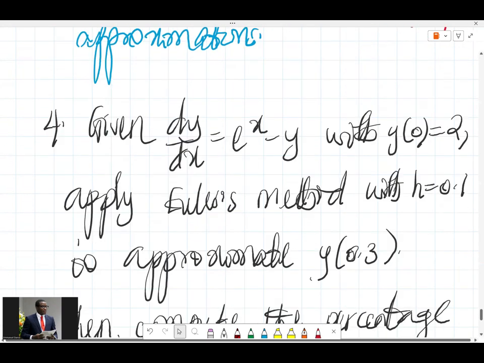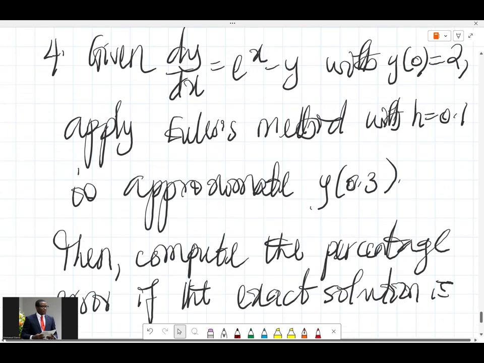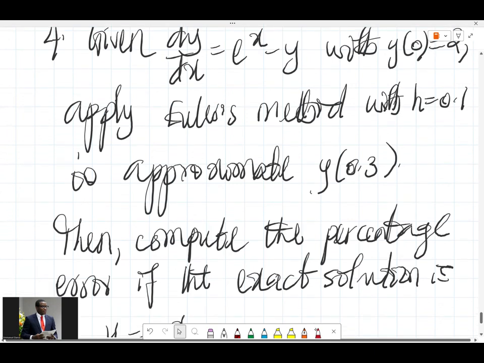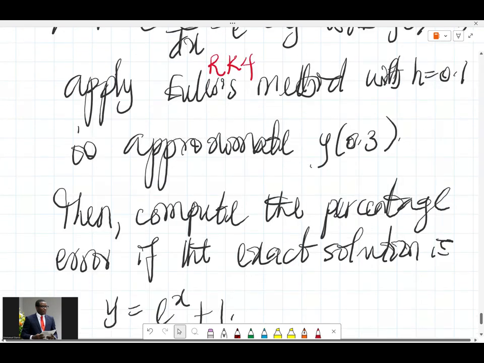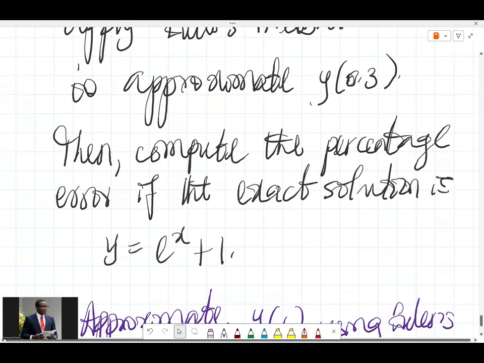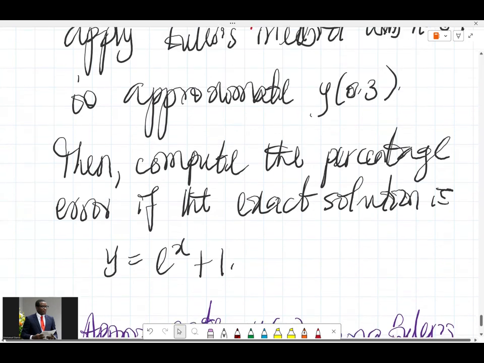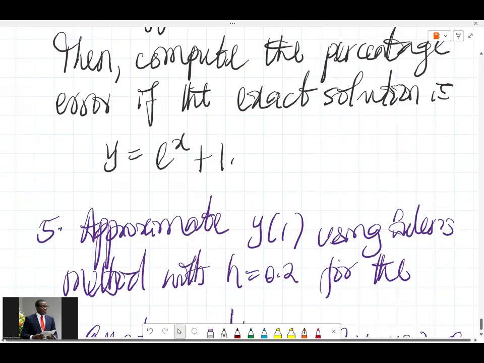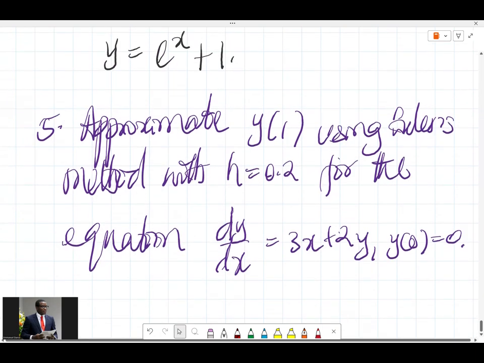Then the fourth question, given dy/dx equals all of this, apply Euler's method with h equals 0.2 to approximate that. Now you can apply the Runge-Kutta fourth order method with h equals 0.1 to approximate this. Then compute the percentage error, since you are given the exact solution. Then number 5, you can approximate y of 1 using Euler's method with h equals 0.2 for the equation dy/dx equals 3x plus 2y, with the given initial condition.